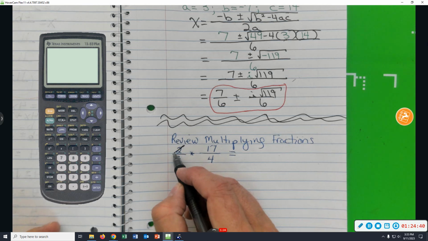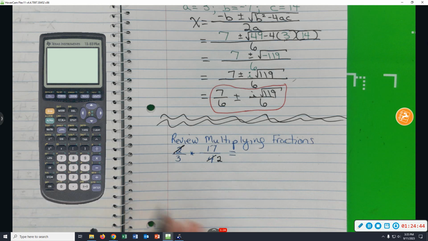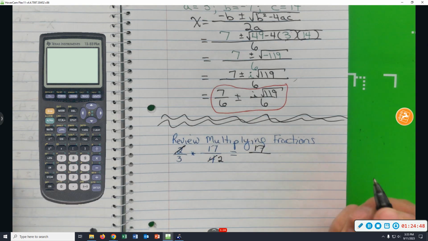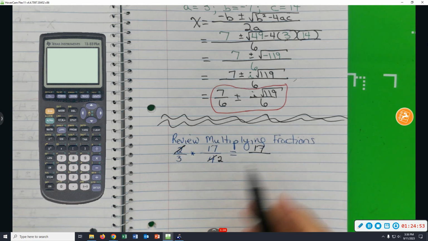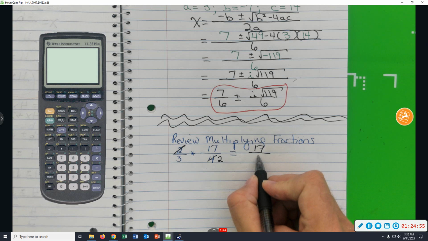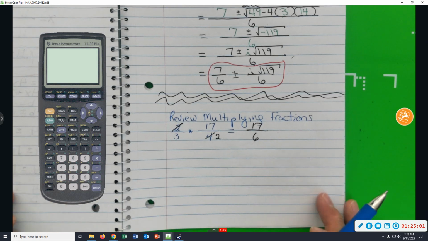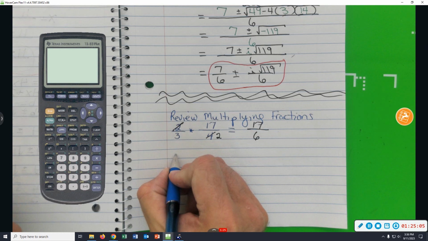You could say 2 goes into 4 2 times, and then multiplying straight across, you would have exactly 17 over, what number down here? 6. That's cross-canceling the fractions. It will be significant when we do the next one.